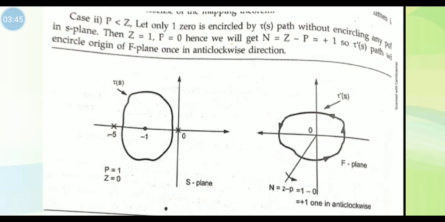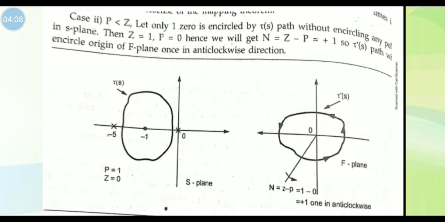Okay. Is it clear? Then Z equal to 1, P equal to 0. Hence we will get N is equal to Z minus P, which is plus 1. 1 minus 0 is plus 1. So Γ'(s) path will encircle origin of F plane once in anti-clockwise direction.